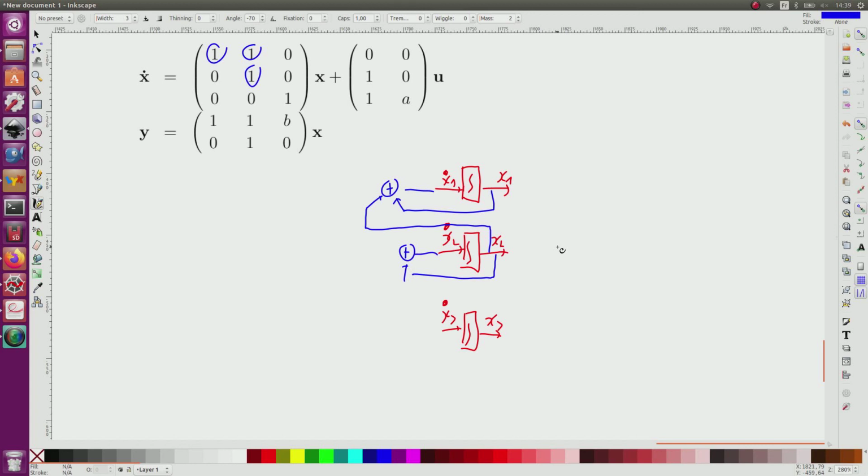And for the last one, x3 dot, I will have x3.